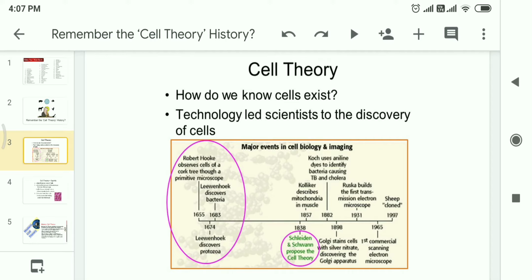So this is a slide showing major timelines when different biologists and lens makers contributed towards building the simplest microscope and studying about cells.